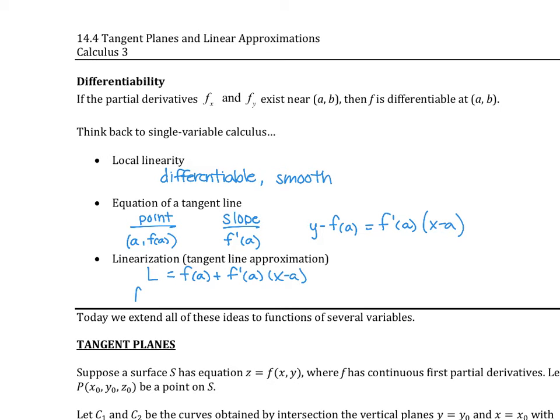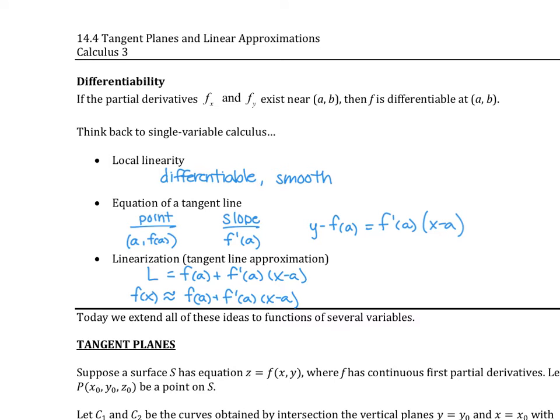If I wanted to approximate some value of the function f, I could take this linearization and the value would be the approximate value for that function. Remember, this is a technique we can use to find the value of a function if we don't know the function, but we know its tangent line at a point.